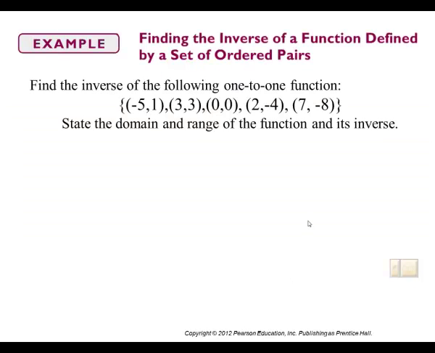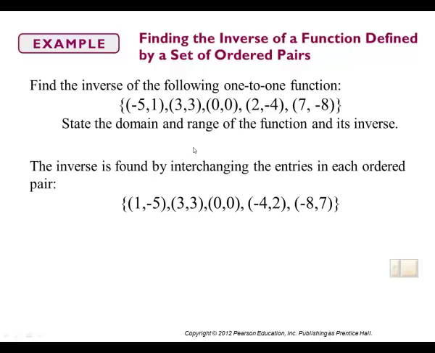Okay, for example, here we have a set of ordered pairs of coordinate points. So your x is -5, y is 1. For the inverse, you're going to switch. What was the x is now going to be the y, and what was the y is going to switch with the x. So the inverse is going to have 1, -5.